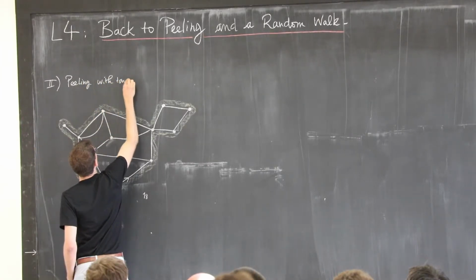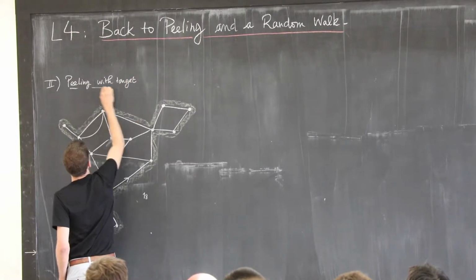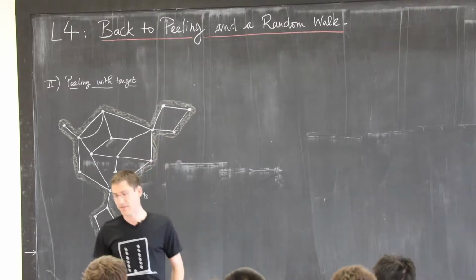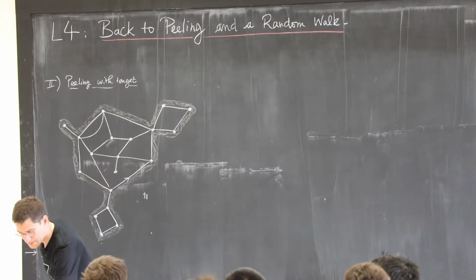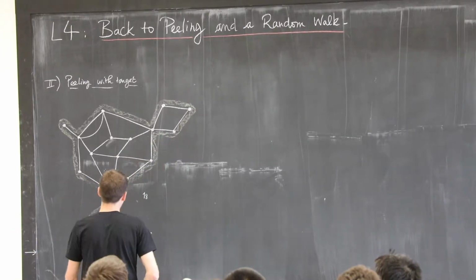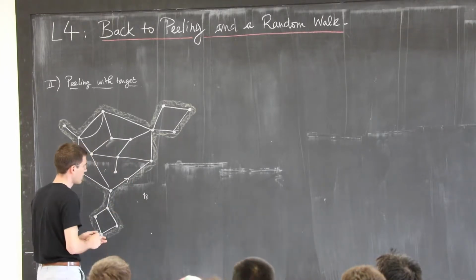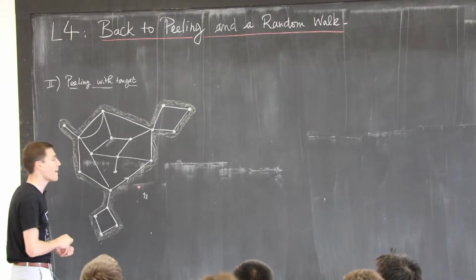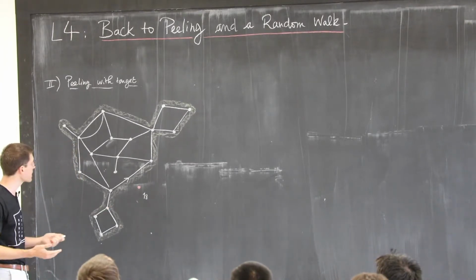And so today, what I want to do first is to talk about peeling exploration with target, which is the version that we will mostly be dealing with in the rest of the course. It's the same setup as yesterday. You have a map with a boundary, an external face, and you see this map as the map of the castle you are exploring.